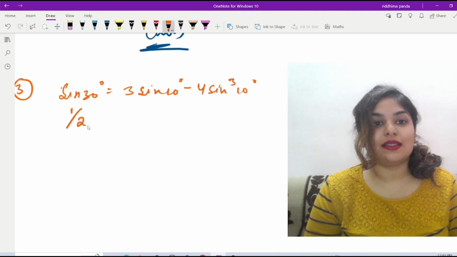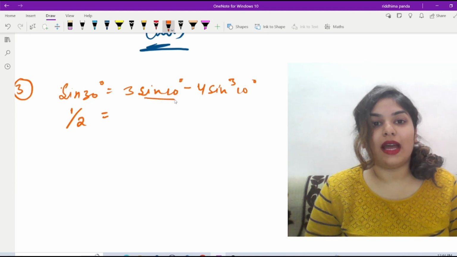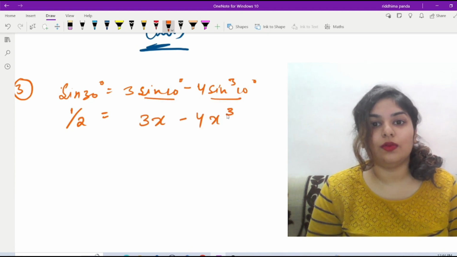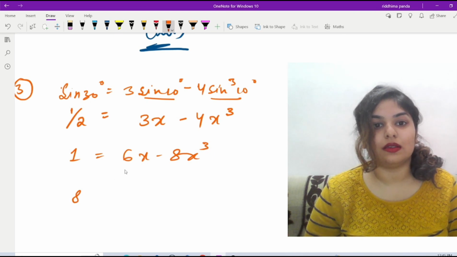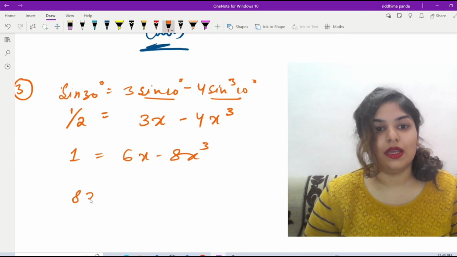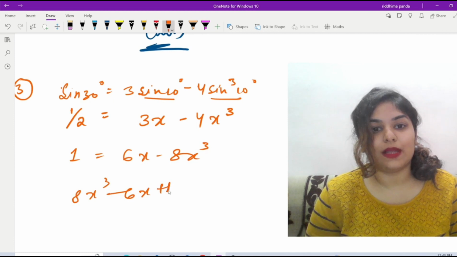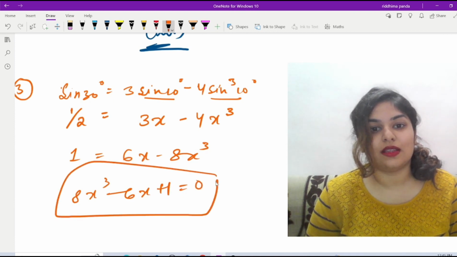Now sine 30 is half, and I don't know about this, so let us write it as x. So 3x minus 4x cube. So that means 1 is equal to 6x minus 8x cube. Then the equation can be written as 8x cube minus 6x plus 1 is equal to 0. And that is our option.